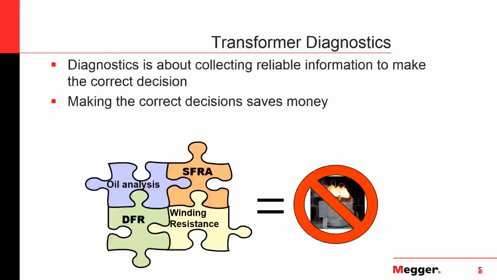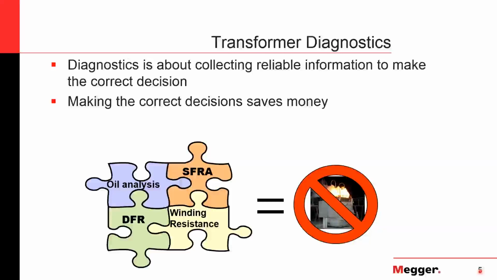Jamie. Good morning, everybody. So today we're talking about SFRA, or Sweep Frequency Response Analysis. And one thing I want to mention to start with is, like all tests, not one single test will tell you everything about your transformer.